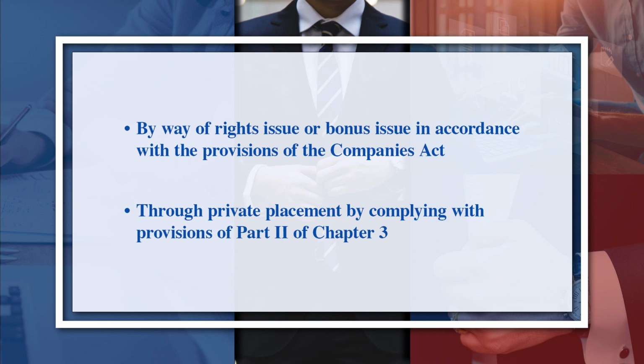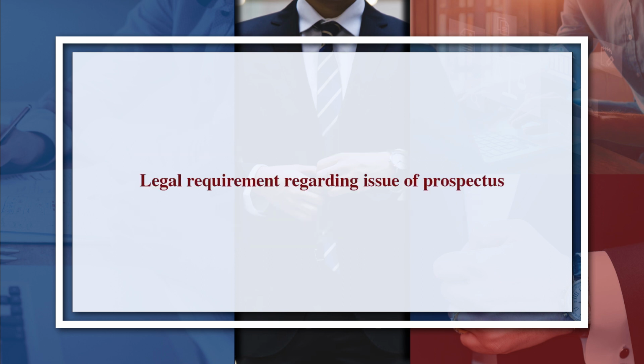Dear students, we shall now discuss the legal requirements regarding issue of prospectus. The Companies Act has mandated certain legal requirements about the issue and registration of a prospectus. The issue of the prospectus would be deemed to be legal only if the requirements are met.